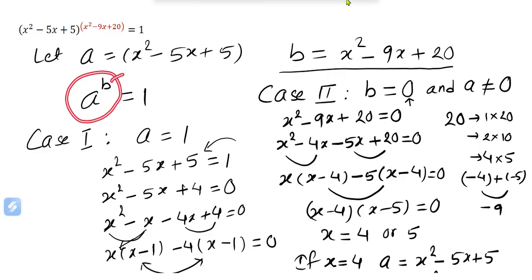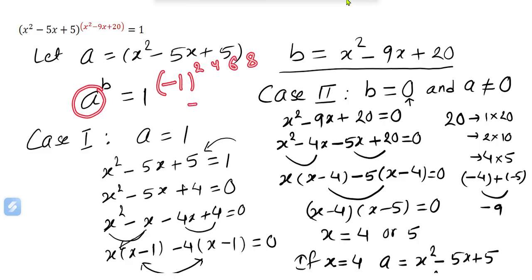Once again, if this b is any even number and the value of a is -1, so -1 to the power 4, 6, 8. For any negative one, if the exponent is even, the value is always 1. So this is the third case.